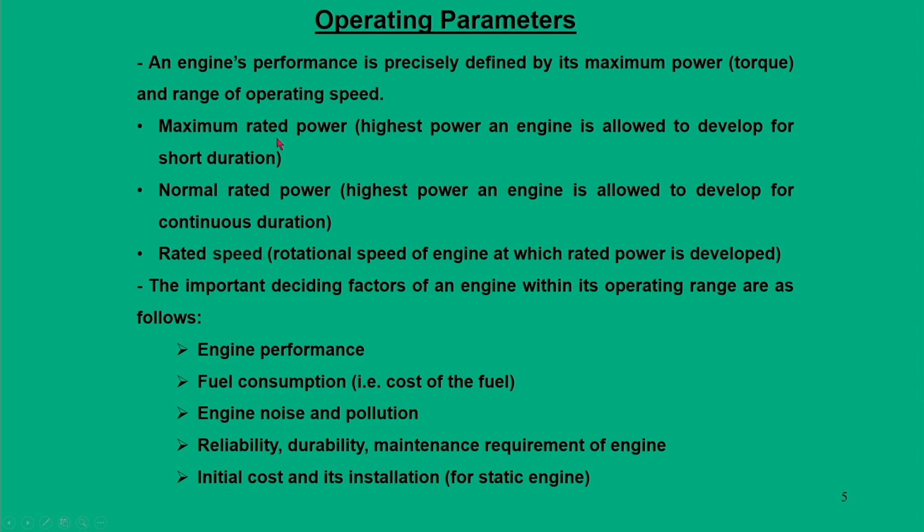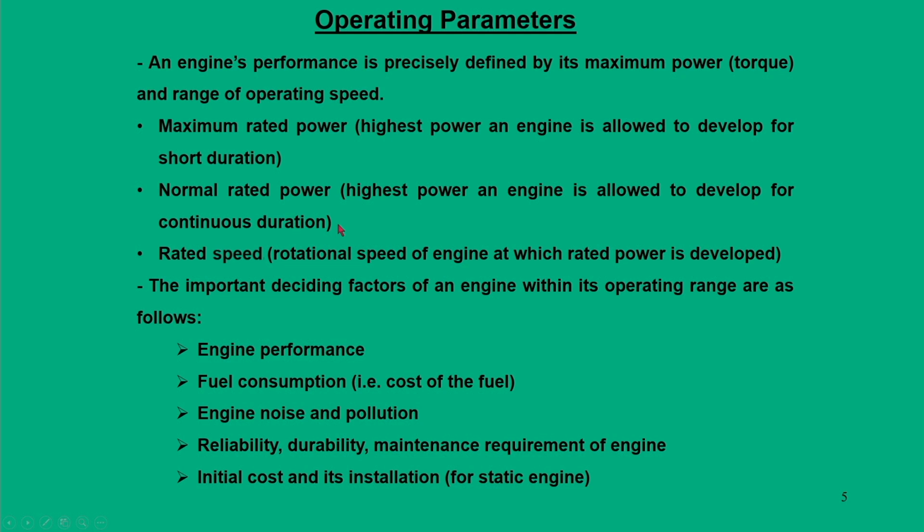Based on that we define 3 important parameters. First, maximum rated power, which is nothing but the highest power an engine is allowed to develop for a short duration. That means the highest power is only obtained for a very short duration by the engine. The normal rated power is the highest power that the engine is allowed to develop for continuous durations.